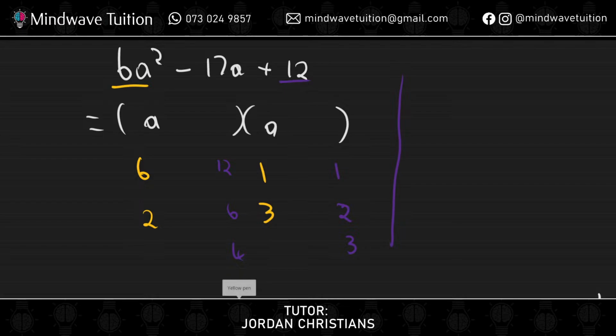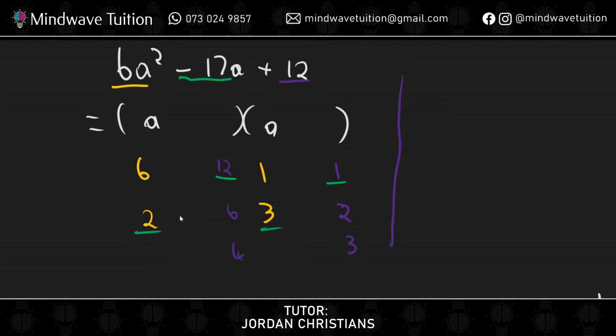And the number we want to get to is negative 17. So what you need to do here is unfortunately just FOIL as much as you can and try and get to the right answer. For choosing numbers, try and start with your last term first. So by that I mean 12. So let's start with 12 first, and let's just say we're doing 12 and 1, and let's say 2 and 3.